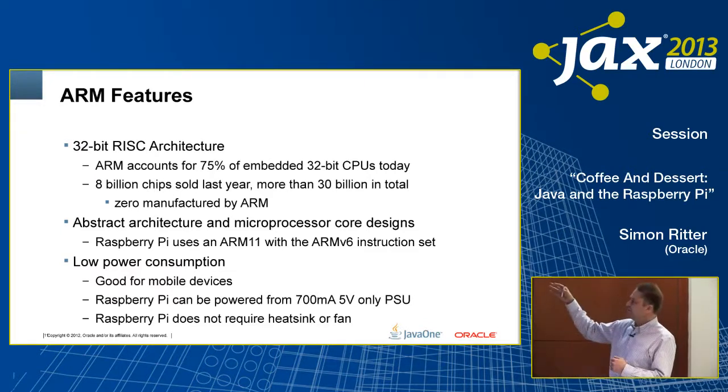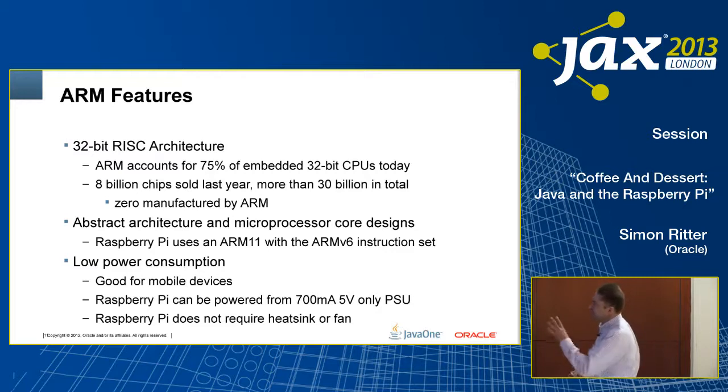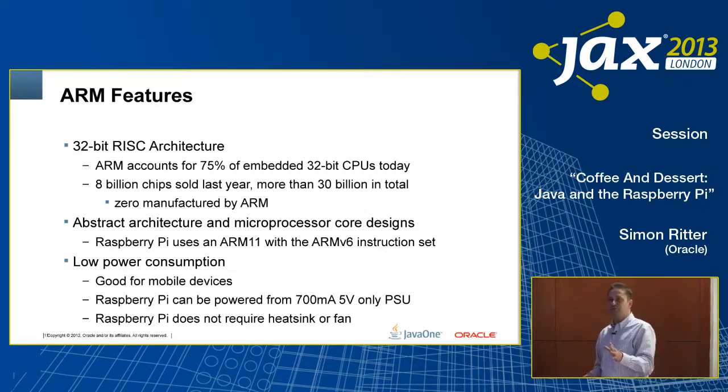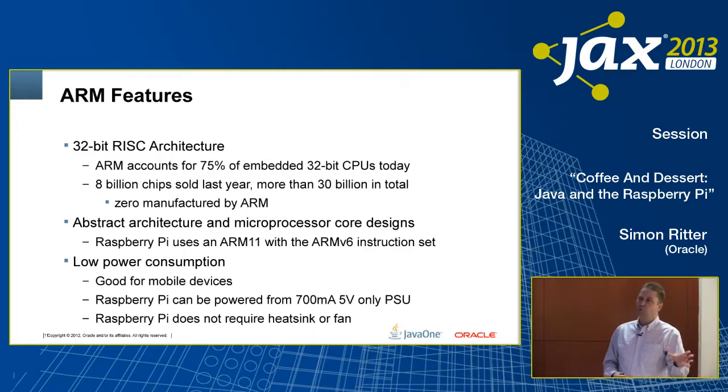What this means from the Raspberry Pi perspective is that you can power it off a USB port, as long as you can get 750 milliamps, which is admittedly above the USB specification, but a lot of ports will give you more than 500 milliamps, or you can buy an adapter which will give you more than 500 milliamps without any problem, and they're very cheap. So again, this was designed to reduce the cost of running a Raspberry Pi. You don't have to have a big, complicated 5-volt, 12-volt power supply and so on.